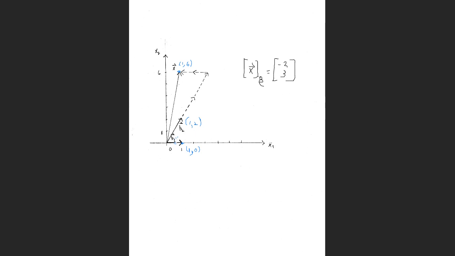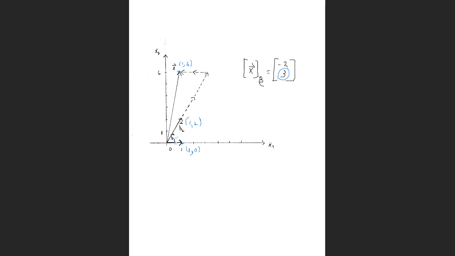So what I'm going to do is start from the origin, but the first thing I'm going to do is apply the second coordinate 3. The second coordinate 3 gets applied to the B2 vector.